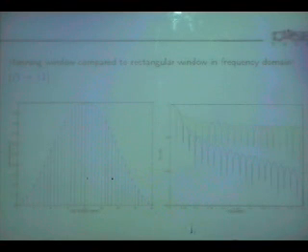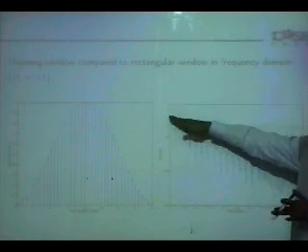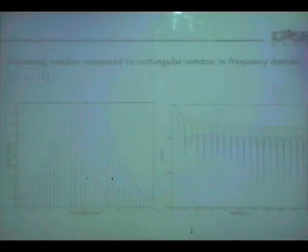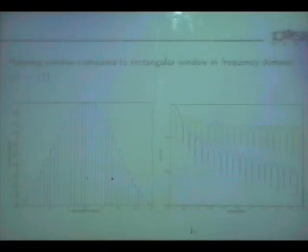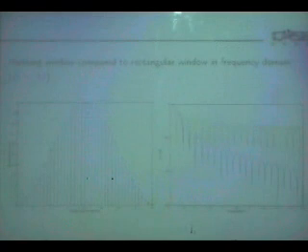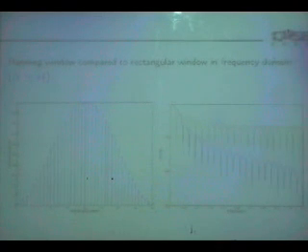Again, the stop band rejection is better compared to the rectangular window. So this was Hanning, and this is Hamming. Again, this is almost the same thing.